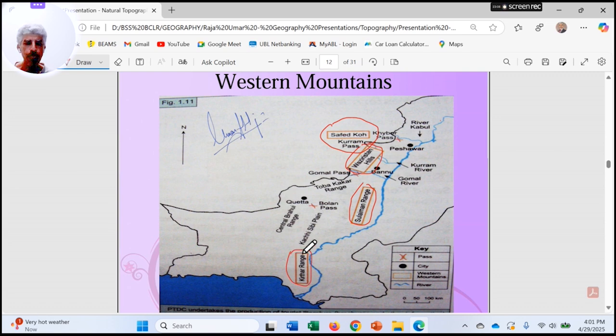So these are the 4 mountain ranges of our topic, the Western Mountains, and we are supposed to learn that these are rocky, hard, lacking vegetation, but these mountain ranges are full of minerals.